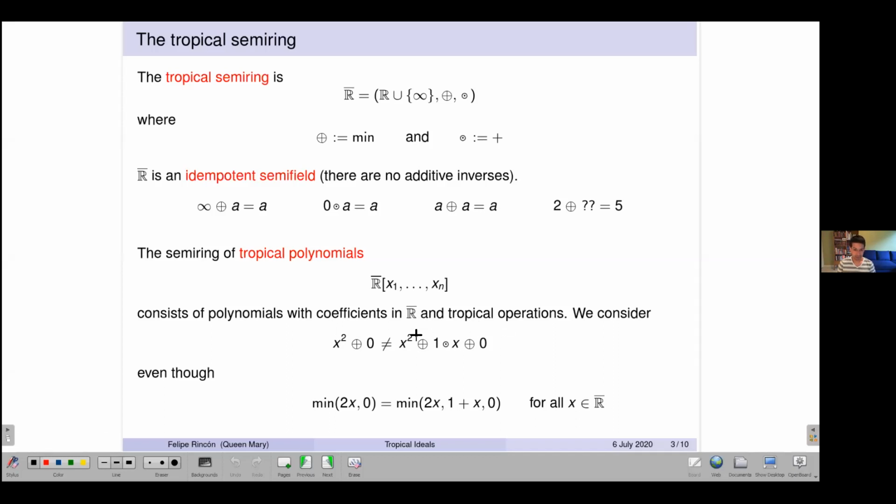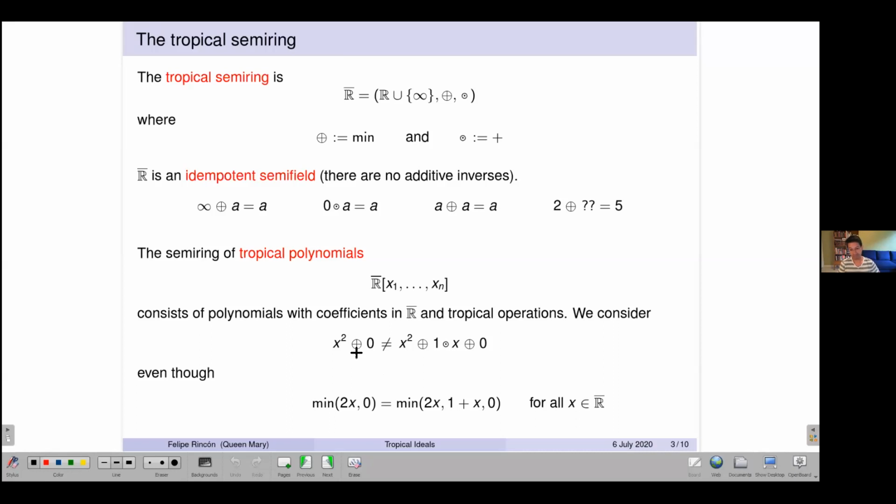And here's another tropical polynomial, x squared plus 1x plus 0. 1x, remember, is different from just x because 1 is not the multiplicative identity. These two tropical polynomials are different, right? We're going to want to think of them as different tropical polynomials because this one has one monomial that the other doesn't have. 1x is a monomial on the right and it's not on the left, even though as functions they are the same function.